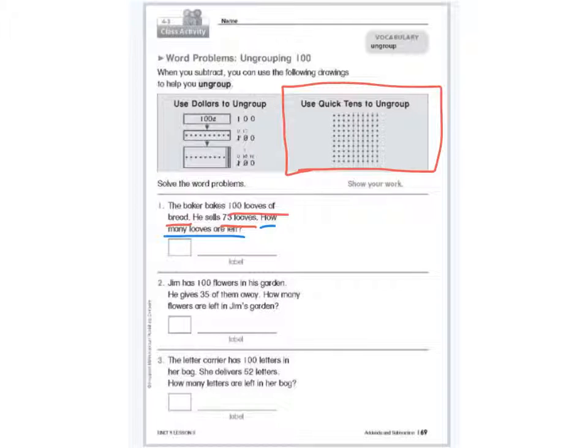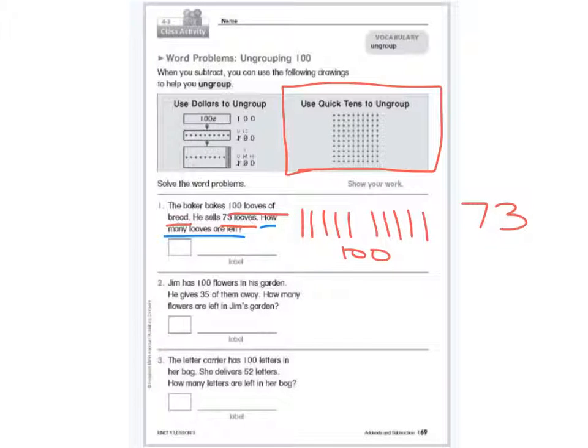So the first thing I'm going to do is start with my 100 loaves of bread. So I'm going to make 10 tens to create 100 loaves of bread. Okay, I have my 10 tens, so I have 100 loaves of bread here. Now, I need to sell 73 loaves. 73 is what I'm taking away.